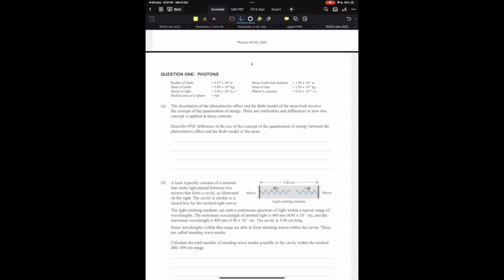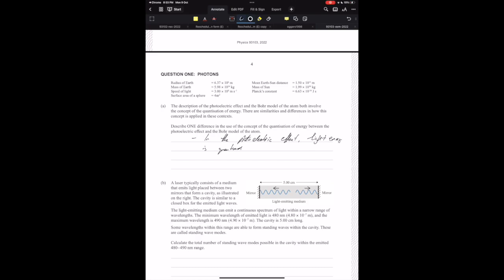There's a number of things you could say here, but you could just say in the photoelectric effect, it's the fact that the light is being quantized into photons, or light energy.